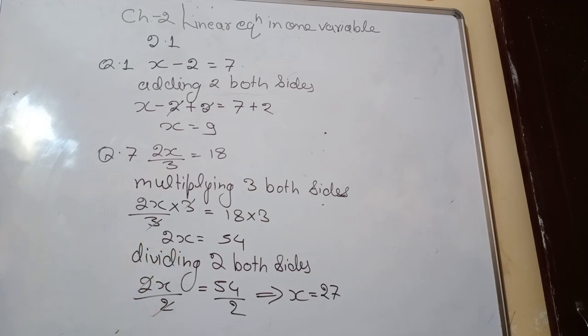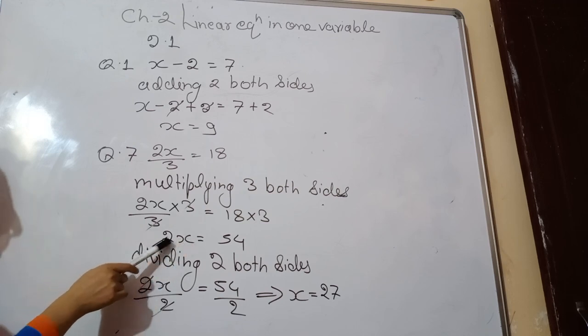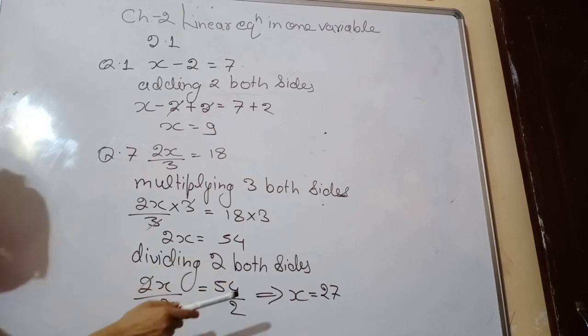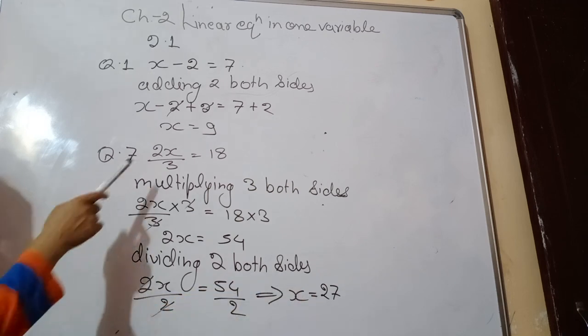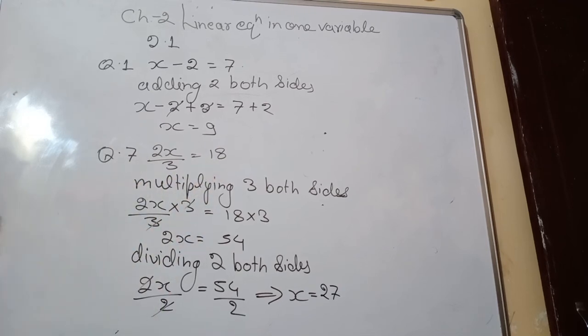So what do we have to divide? The same constant which is with the variable, we divide both sides. By dividing both sides, 2 and 2 cancel out, and 54 divided by 2 gives us 27. And when we place 27 here, it will satisfy LHS as well as RHS.